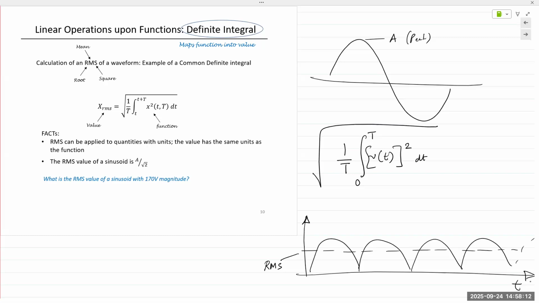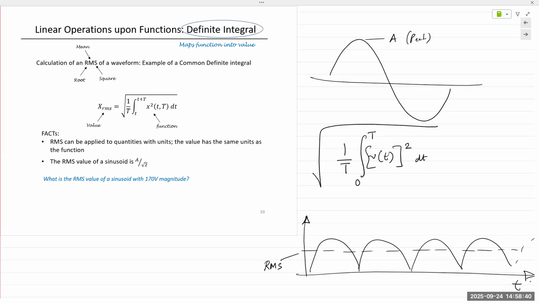Technically defined, an RMS value is the value of the AC waveform that would produce the same power or the same energy in a resistor as a DC equivalent voltage or a DC equivalent current. So in that sense, we could say it's the DC equivalent of an AC waveform. So 120 volts is RMS, but the peak value is not RMS.